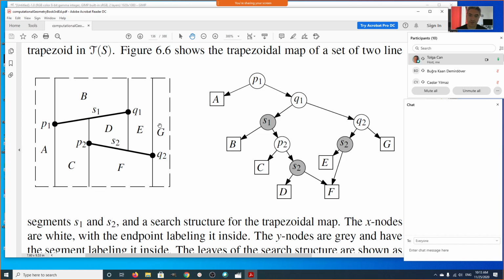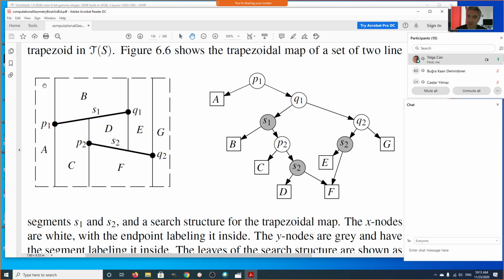But just for the sake of a simple example, imagine there are multiple faces, and these two segments. Imagine we do not see the other parts of the actual input graph. This is just to show how, for given line segments, we can create a trapezoidal map and the corresponding search structure.